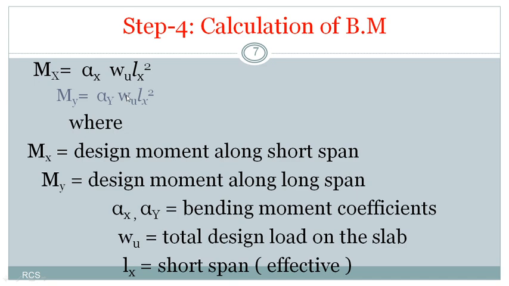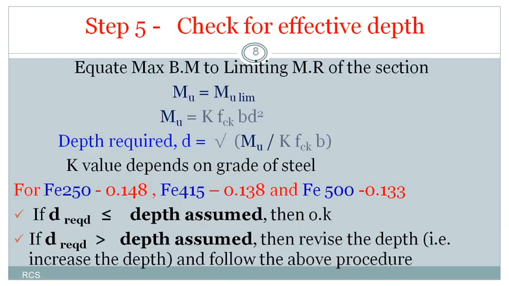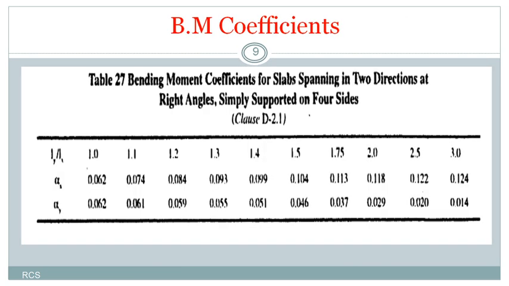As we are designing an unrestrained slab, the bending moment coefficients can be obtained by using Table 27 of IS 456. Those values depend on the Ly by Lx value. If the Ly by Lx value is given as 1, 1.1, 1.2, 1.3 and so on, the corresponding alpha x and alpha y bending moment coefficients are given like this.